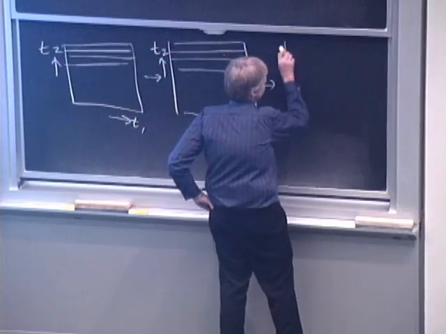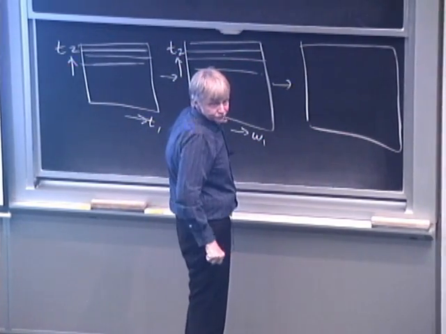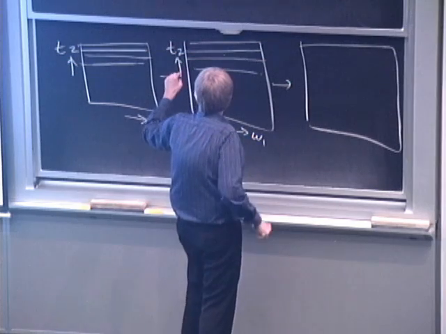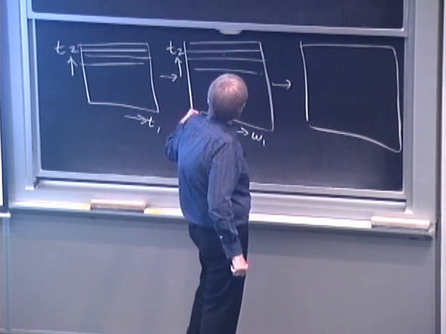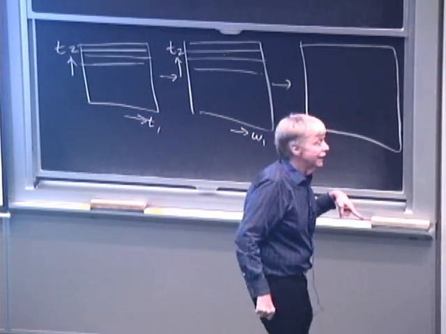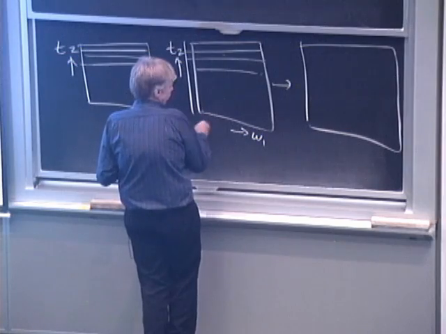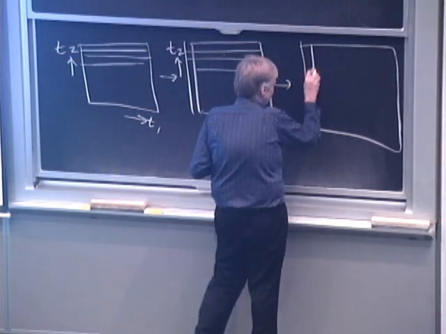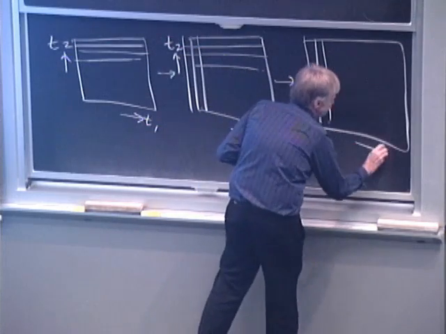So if I integrate over t2, now I want to integrate this way. Now when I integrate, the t2 goes away. So I take Fourier transforms this way. For each column in this space, I generate a new Fourier transform over here, and I repeat. That doesn't change this one.